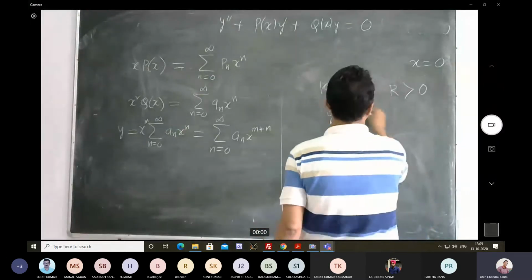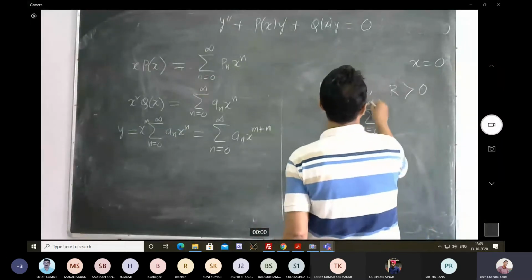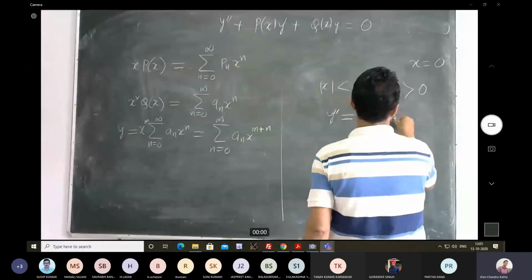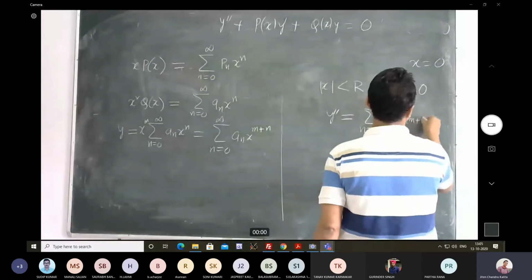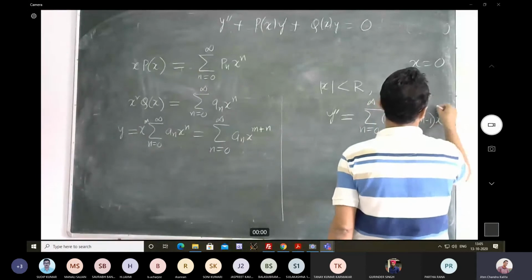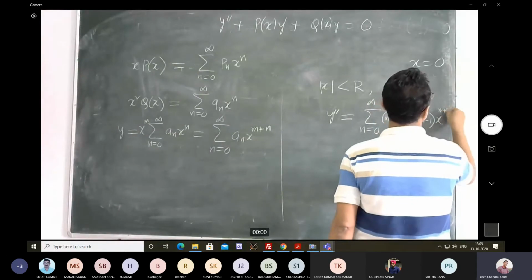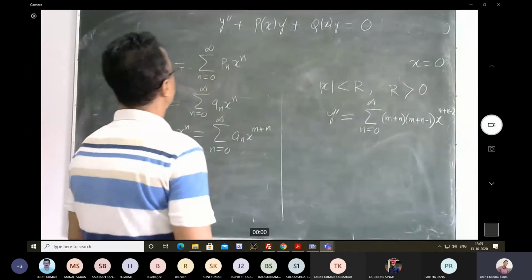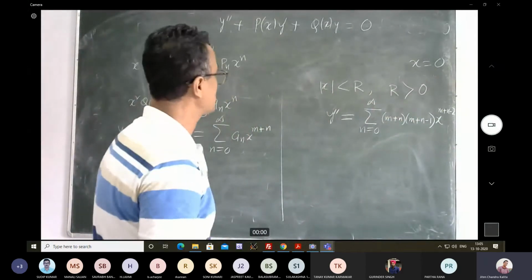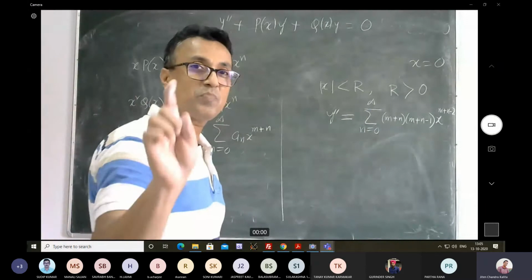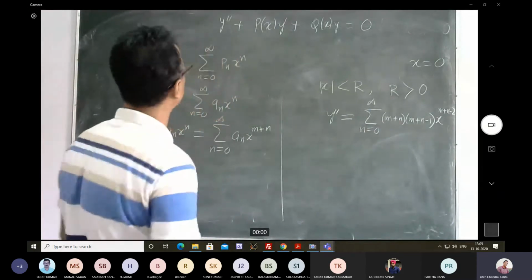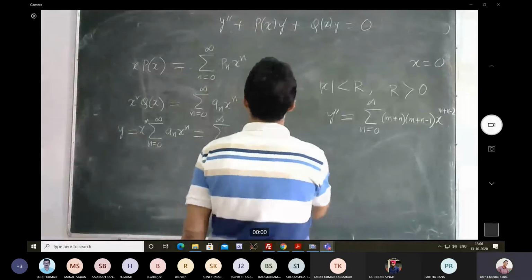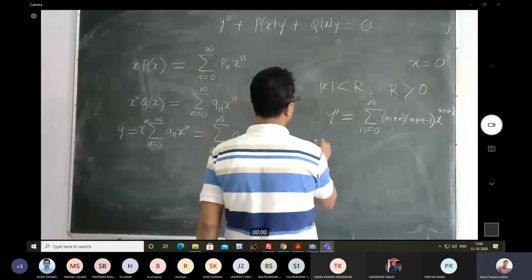So now firstly, your y double prime. I have already done this: the sum from n equal to 0 to infinity of (m plus n)(m plus n minus 1) a_n x to the power m plus n minus 2. Now, just the next two manipulations. Please be careful about what I'm going to do.